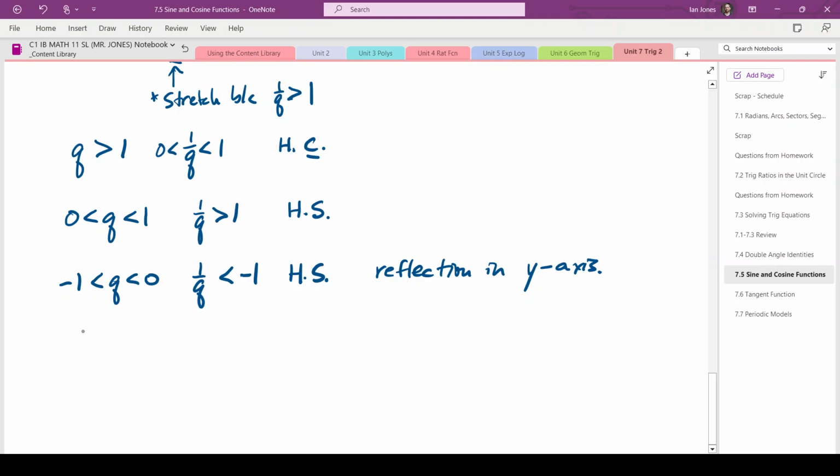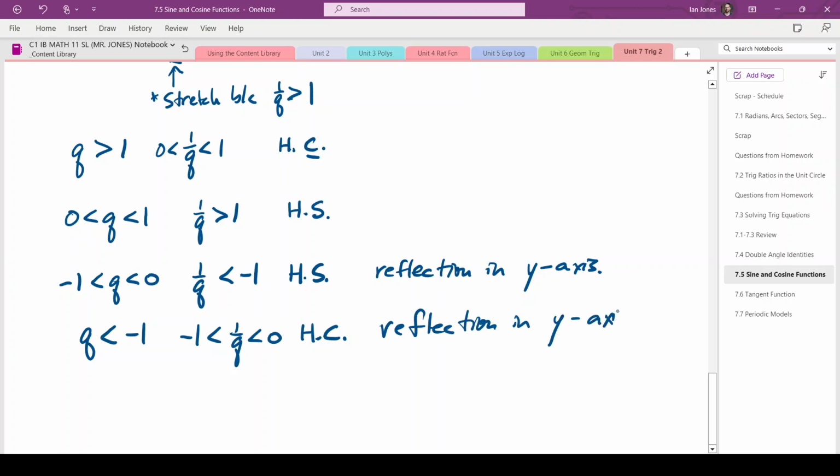Lastly, when q is less than -1, then 1 over q is between -1 and 0. This will give us a horizontal compression and, because it's negative, a reflection in the y-axis.